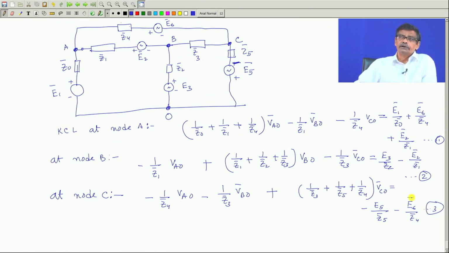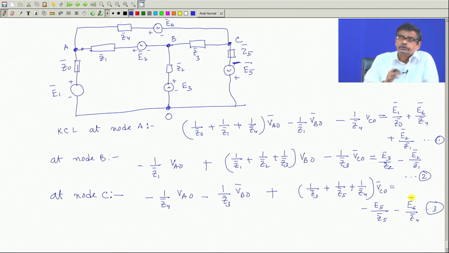So, these three equations are just like your DC circuit analysis, except that all the numbers will be complex in nature. Then you calculate by any method you like, use your calculators, but the coefficients will be complex.